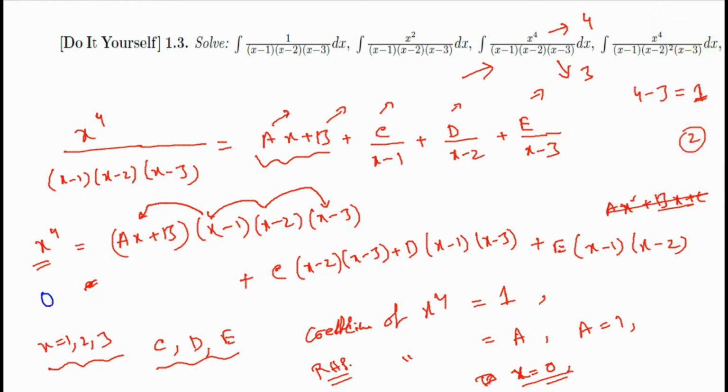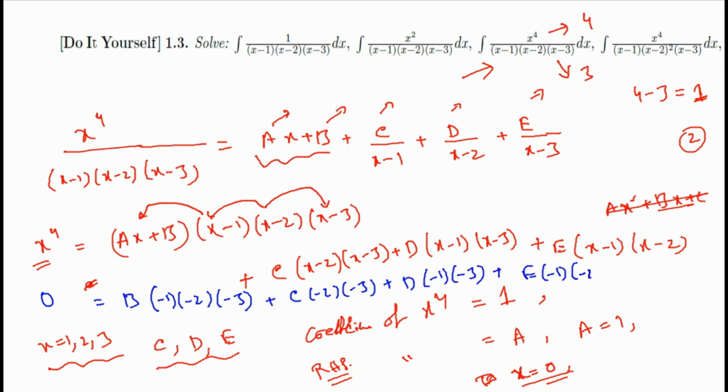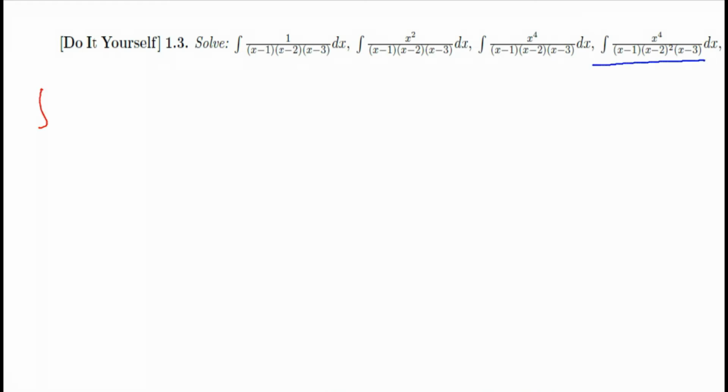So the left hand side is 0 equal to this part: b into minus 1 into minus 2 into minus 3, plus c into minus 2 into minus 3, plus d into minus 1 into minus 3, plus e into minus 1 into minus 2. Now you have the values of c, d and e. You can easily find the value of b here, and you can easily integrate that one. Now for the last one, integration.